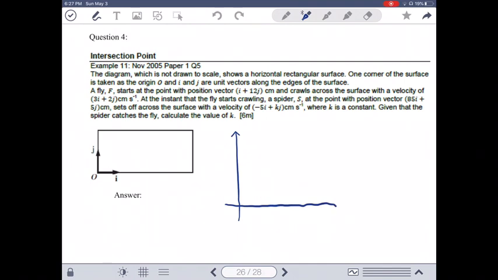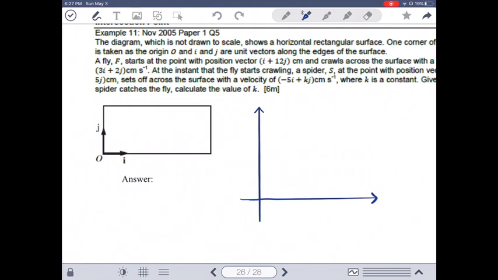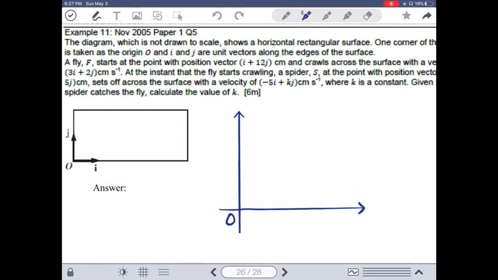So it's good for us to draw just to illustrate the picture. So O. A fly starts at the point with position vector 1, 12.